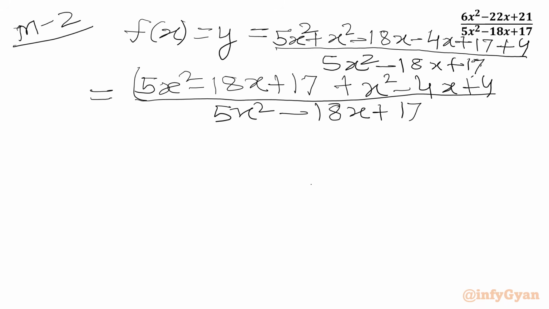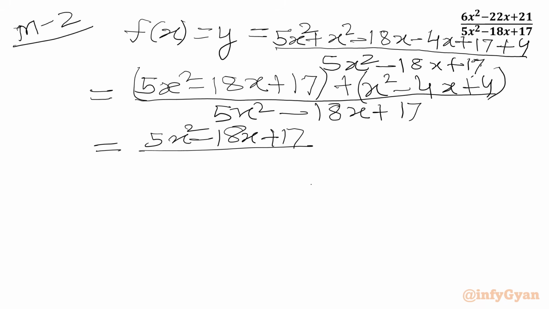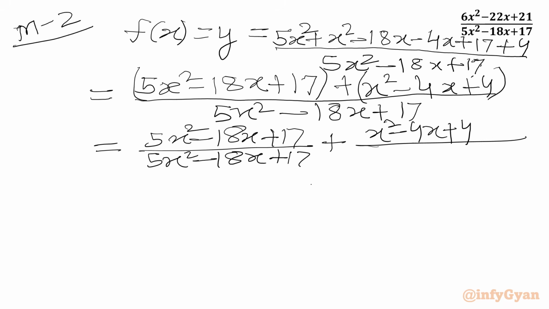Now we will split the numerator with the denominator. So I can write here (5x square minus 18x plus 17) over (5x square minus 18x plus 17), then we have a plus sign, and (x square minus 4x plus 4) over the denominator 5x square minus 18x plus 17.